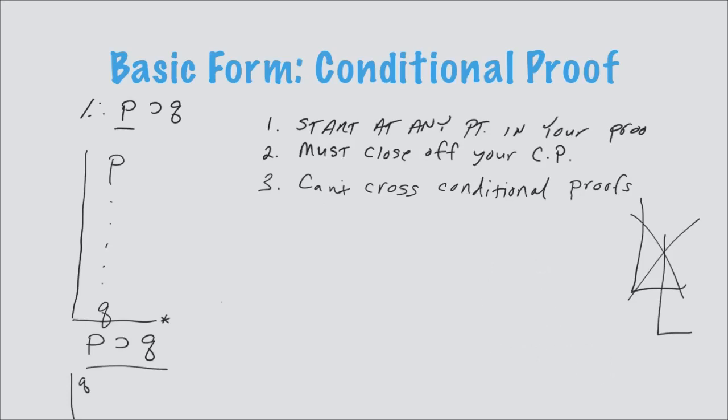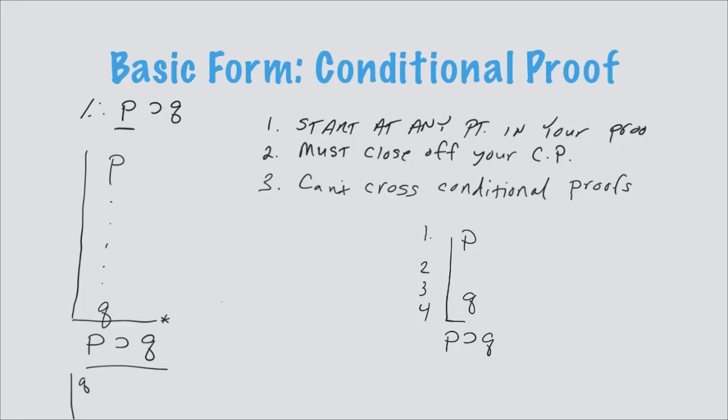So once I've solved for my conditional proof and I've closed it out, I've gone through and I've said I've got P, I've solved for Q, I closed it, I said P therefore Q. Now if this is line 1 and 2, 3, 4 in here, line 5, on line 6 I can't go back into and use any of those pieces once I've closed off the conditional proof. So you can't go back into a closed conditional proof.